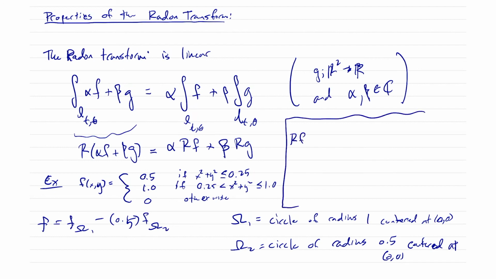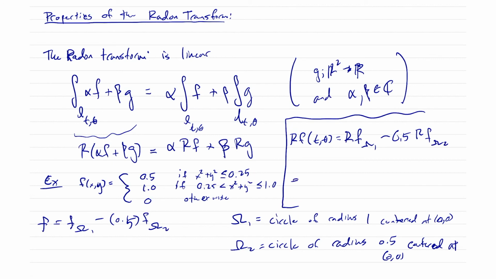Okay, so we can immediately use the other examples that we did, and so we see that the Radon transform of f at t, theta is equal to the Radon transform of the characteristic function corresponding to region 1 minus 0.5 times the Radon transform of region 2.